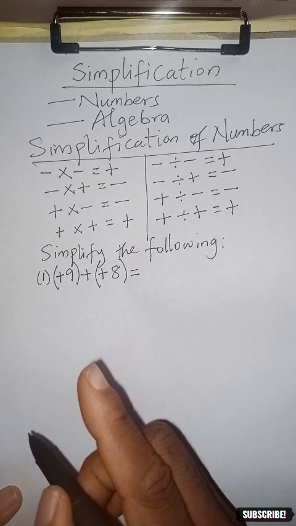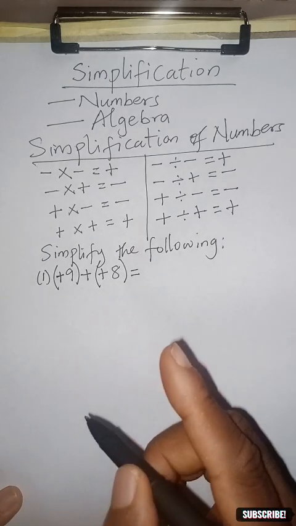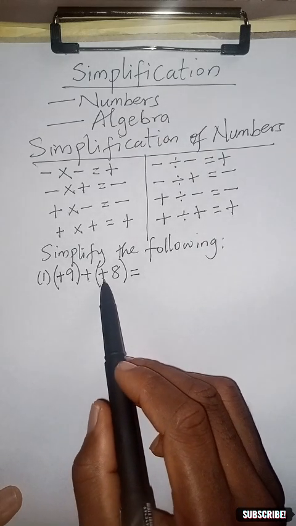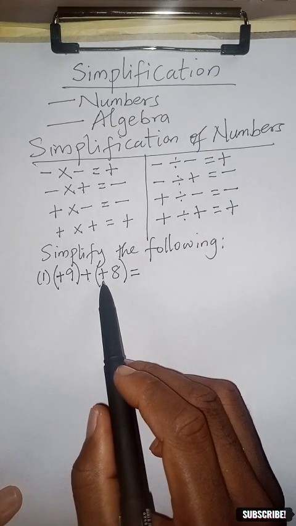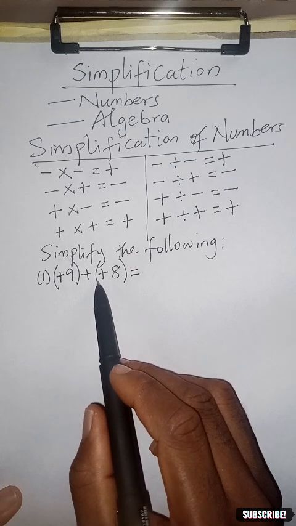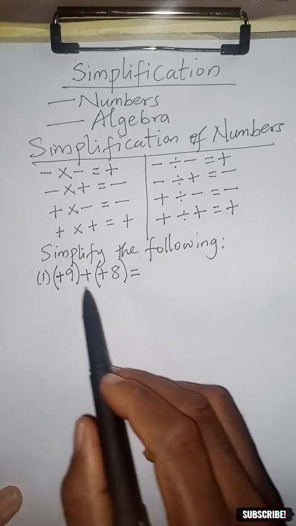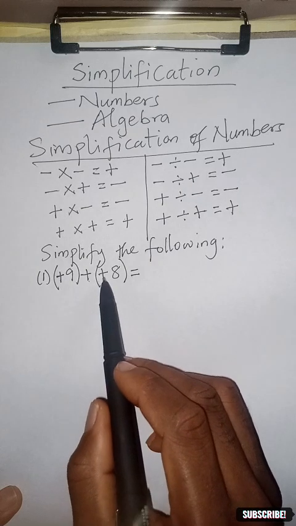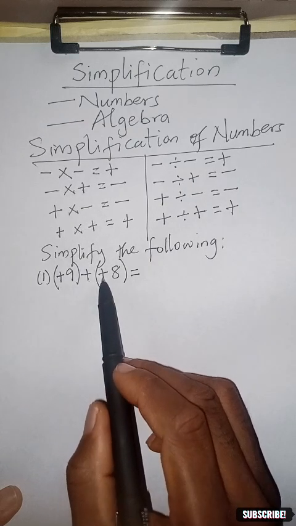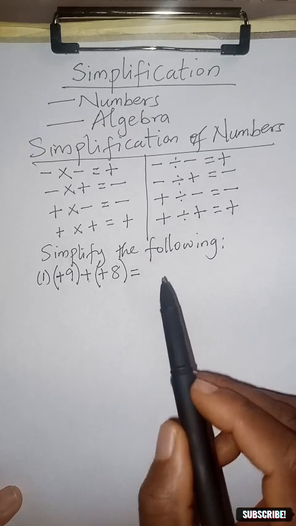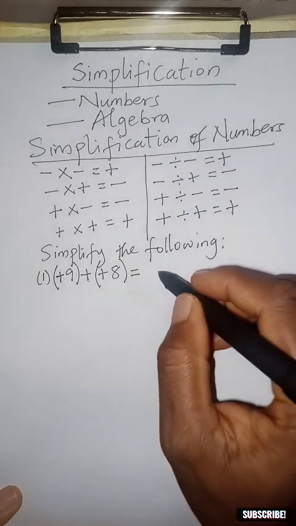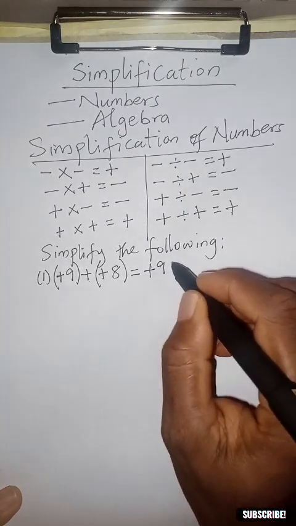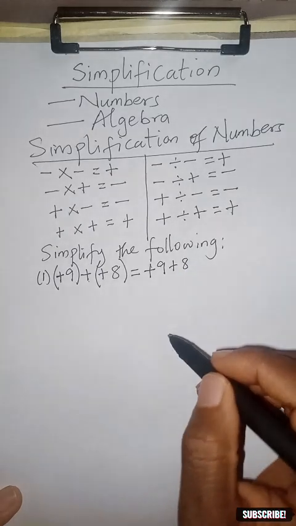If you go back to the basic operation we've just done, plus times plus is plus. So remember, bracket means multiplication. When you multiply the addition sign and the addition sign inside a bracket, you're going to have the addition sign, which is plus. So this is the same thing as saying plus 9 plus 8.